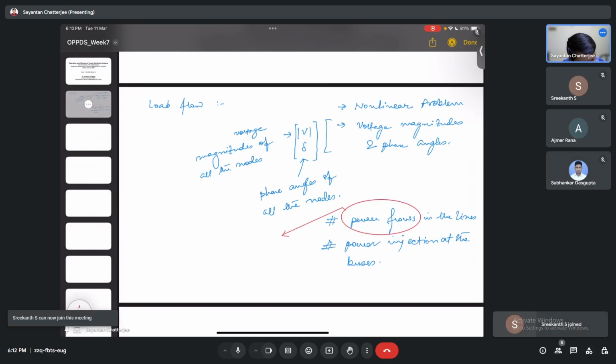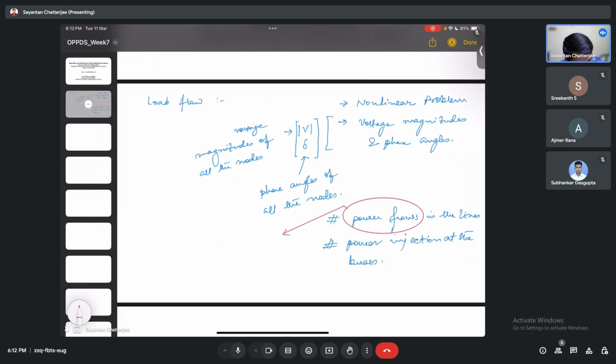So this is the need of these power flows. By performing the power flow, we can find out whether there is an overload in the line, because there are certain constraints. That is, the overload limit need not be exceeded by the power flow, meaning by the current, because there is a thermal limiting capacity of the cable or the conductor.